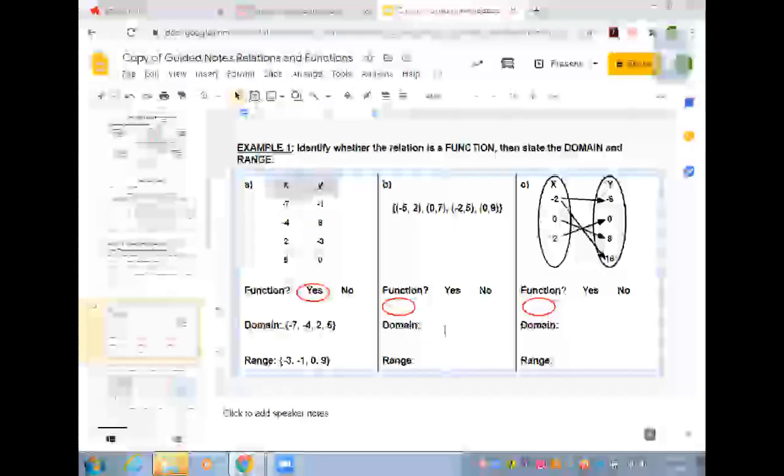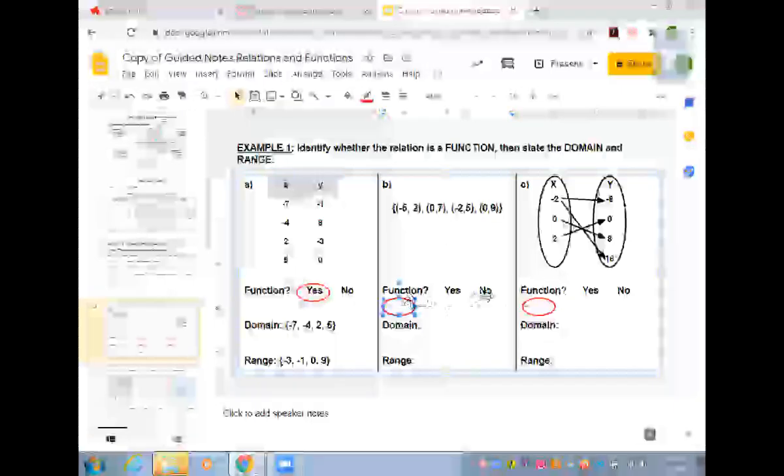All right, looking at B. Do I have an X that repeats itself? Look at your X's only. So -5, 0, -2, 0. Oh, I got 2 zeros. Do those 2 zeros have different Y's? Yes. So if I have the same X to 2 different Y's, is it a function?